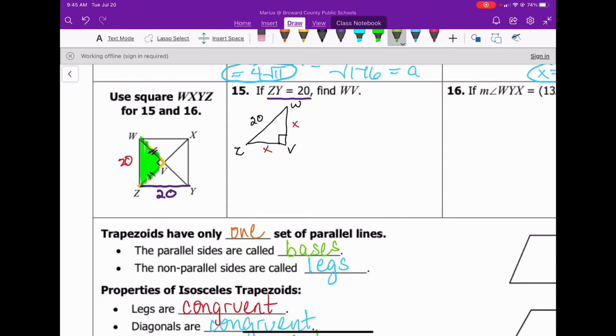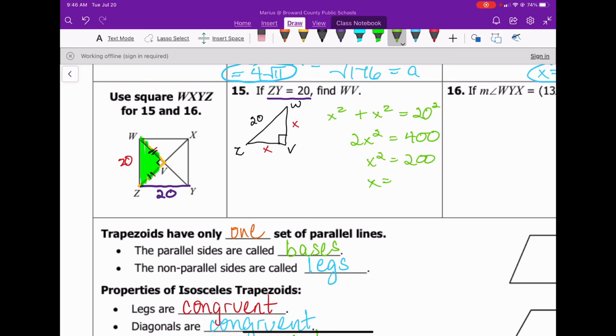So this would be x squared plus x squared is equal to 20 squared. And from there, that's just 2x squared is equal to 400. You divide both sides by 2, that's going to give you x squared is equal to 200.